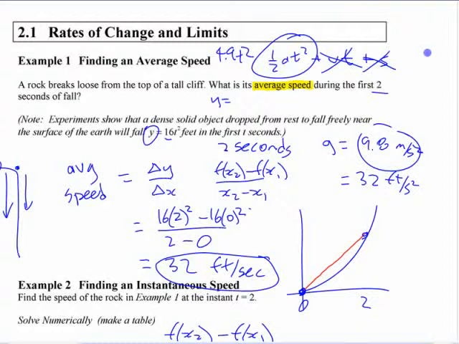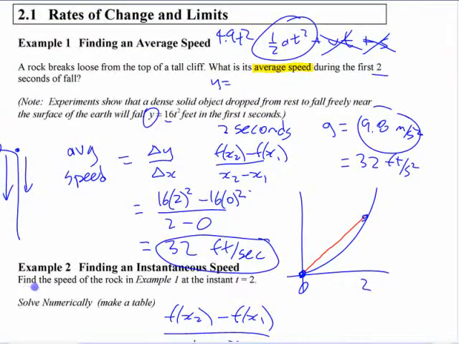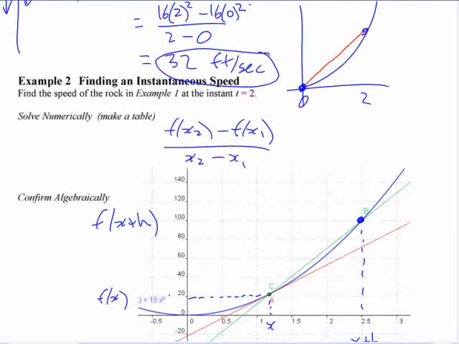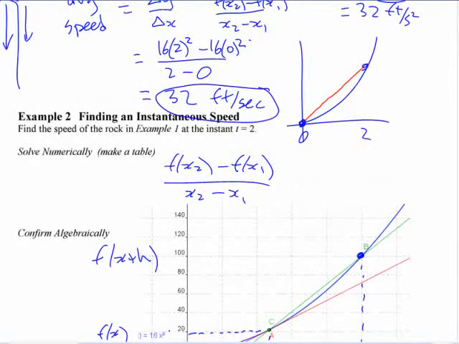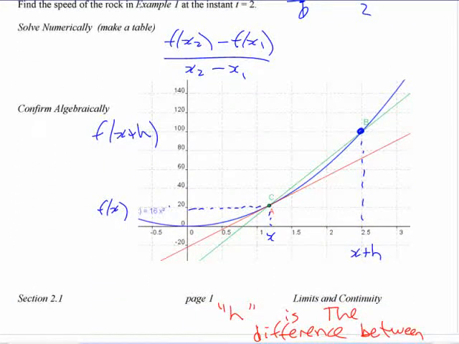Anyways, last time we started talking about limits. And hopefully you started to develop a sense of an intuitive understanding of what a limit is. We looked at this rock falling off of a cliff, and we were looking for the instantaneous speed of the rock at a given moment, at 2 seconds, I think.